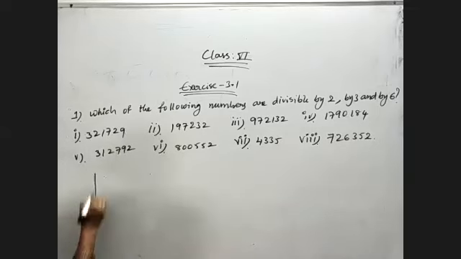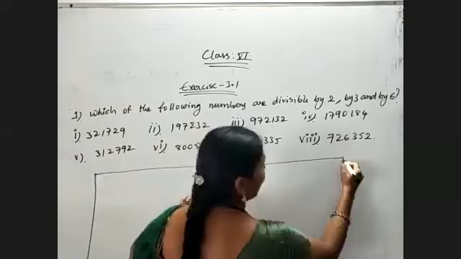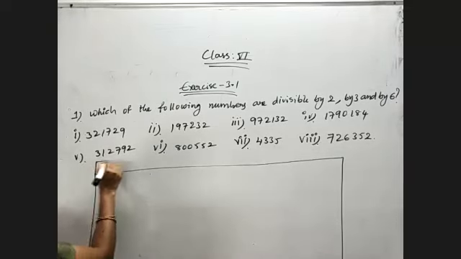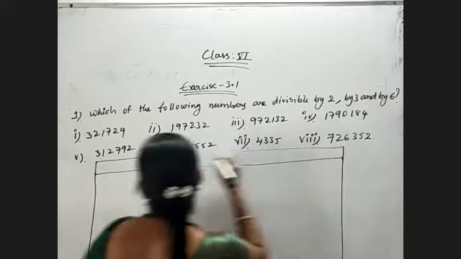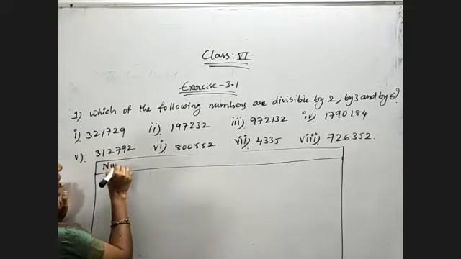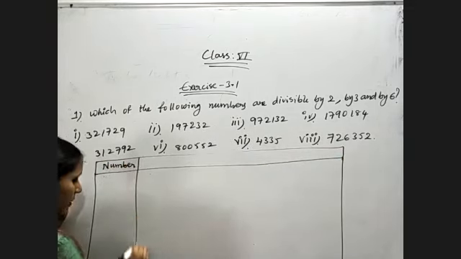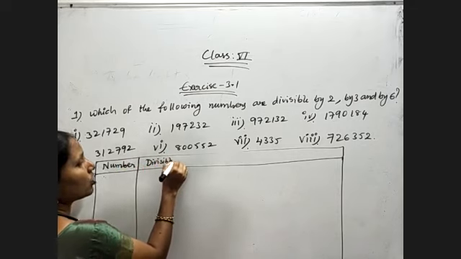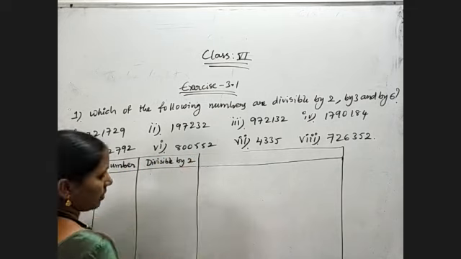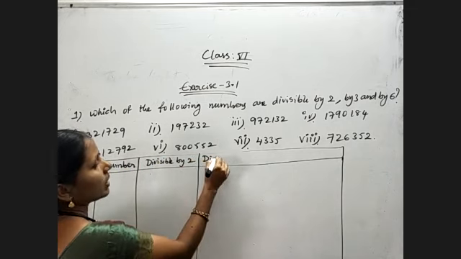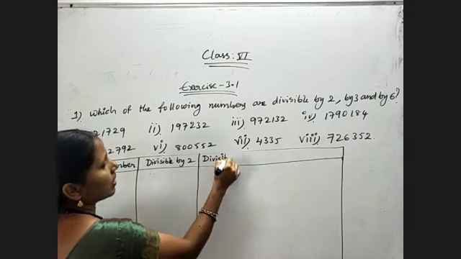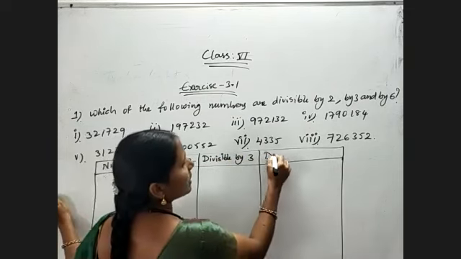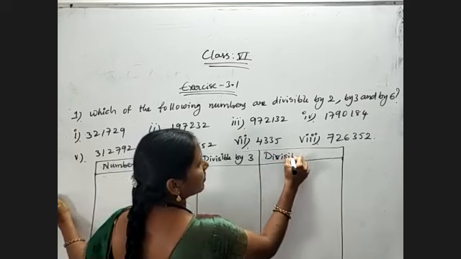So what I am doing, I am drawing one table for this. First, I am writing the number, and whether it is divisible by 2, divisible by 3, and divisible by 6 or not, I am checking.